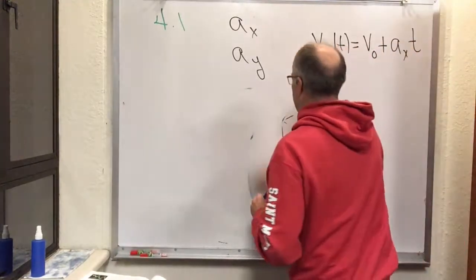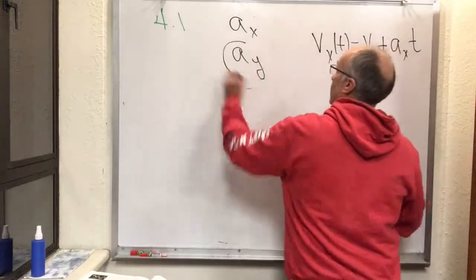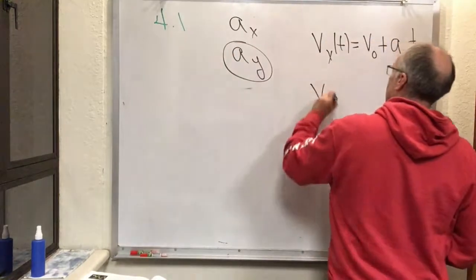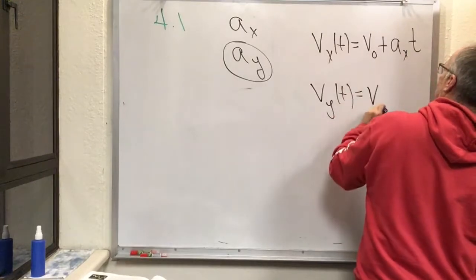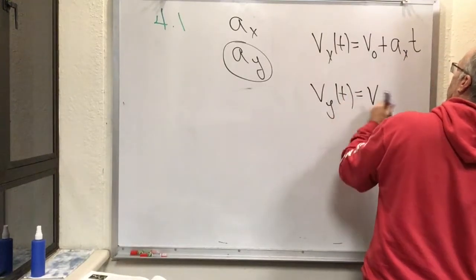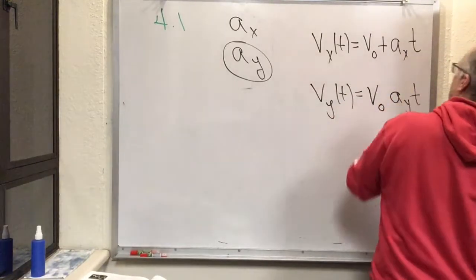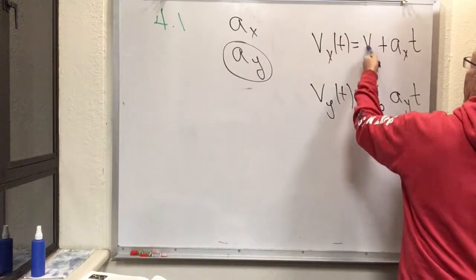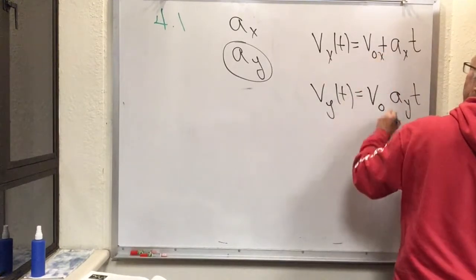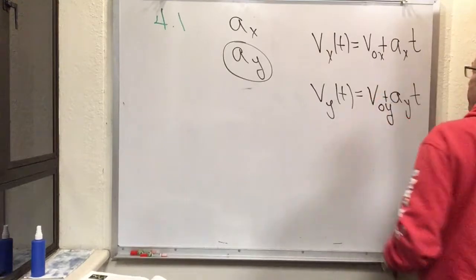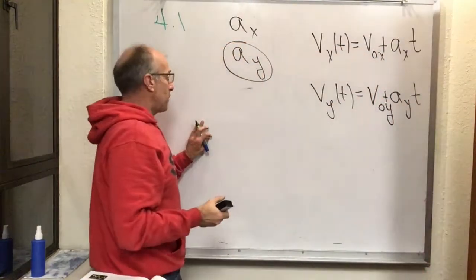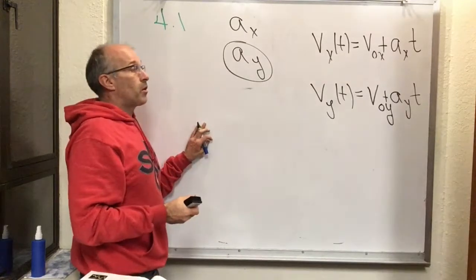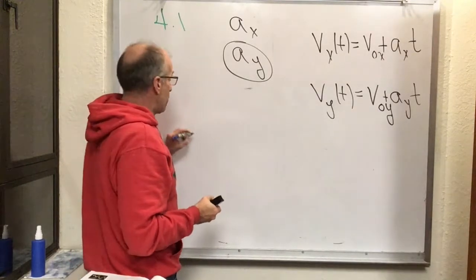Ditto for vy of t. If the acceleration in the y direction is a constant, then this is a nice way of writing vy. I see I left something off. We now have a v naught x and a v naught y. Now, if this is the formula for vx of t, we already know how to get the most general solution for the position from that.